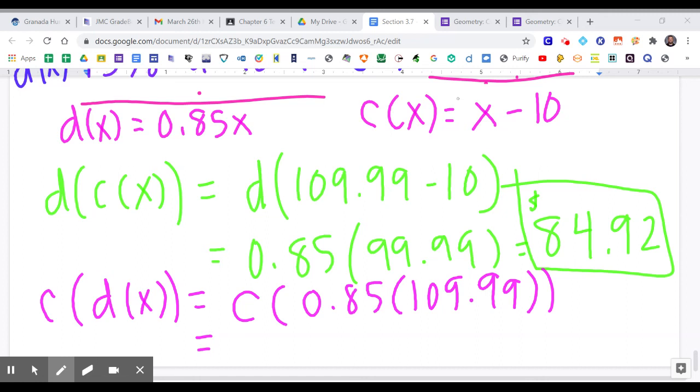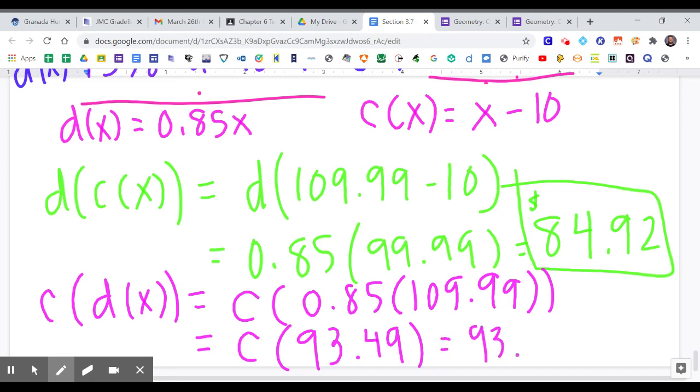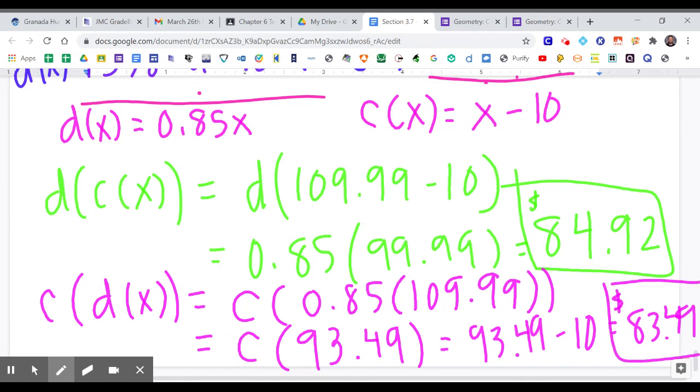I get 93.49. So the coupon price of 93.49, and so that's really 93.49 minus 10. And so that ends up being 83.49. Okay, so if you look at it, the price difference between the two ends up being almost $1.50. You save $1.50 by doing the discount and then the coupon.